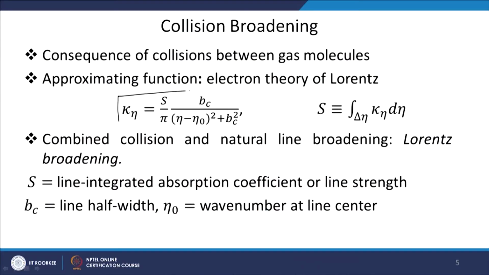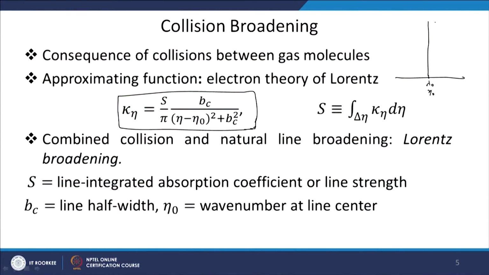So, we represent absorption coefficient by a function, it is called Lorentz function. We will derive this function in an example, and this is an example of collision broadening. So, what basically it says is that if you have a line of line strength S, lambda naught is its center wavelength and eta naught is the wave number at the center, where lambda naught is predicted as per the theory we discussed, it is sharp.